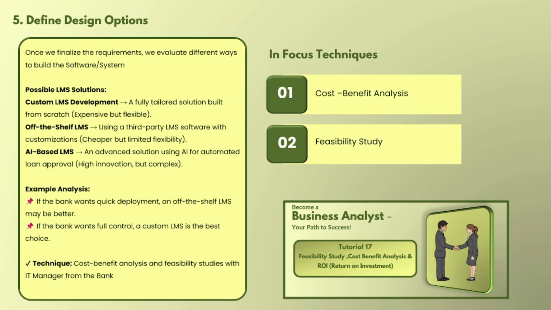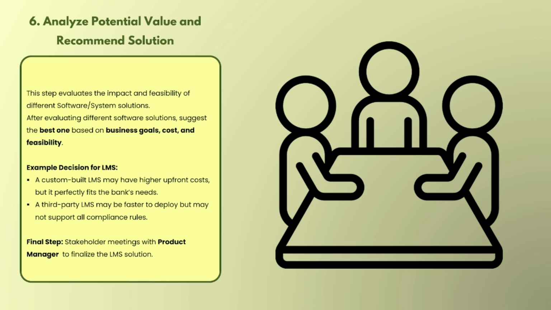Now let's move to the final key task of RAD, that is analyze potential value and recommend solution. This step evaluates the impact and feasibility of different software or system solutions. After evaluating different software solutions, suggest the best one based on business goals, cost and feasibility.